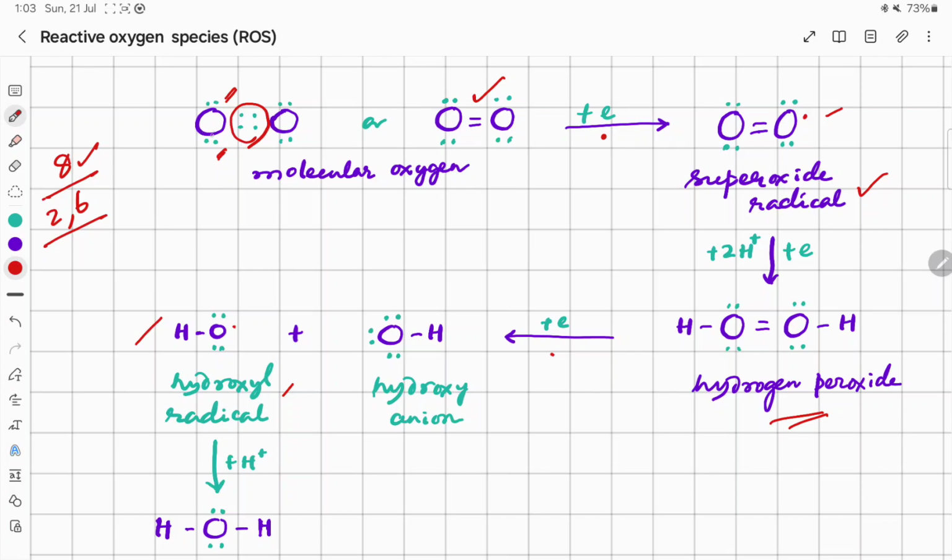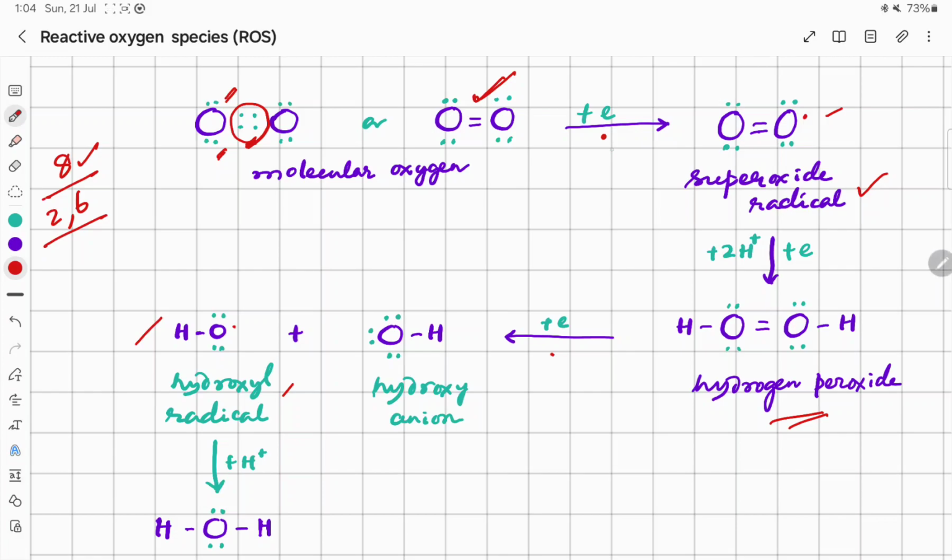These 2 oxygen atoms share those 2 unpaired electrons to form this double bond, to form molecular oxygen. So 4 electrons are shared by 2 oxygen atoms, so that the octet rule is satisfied.